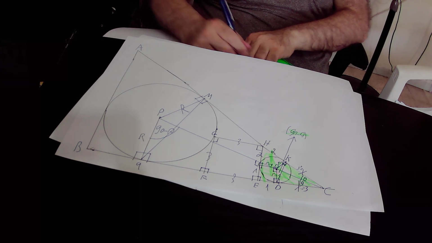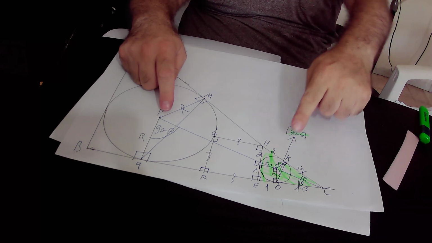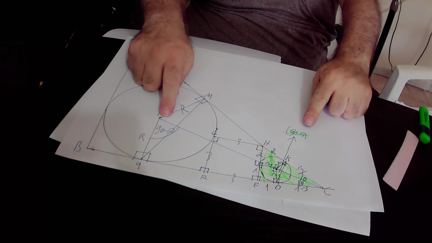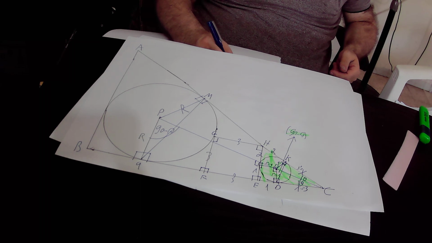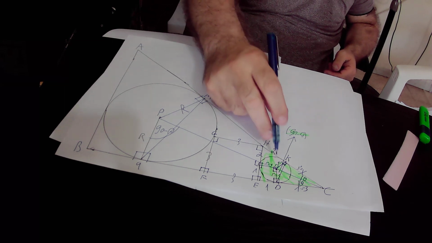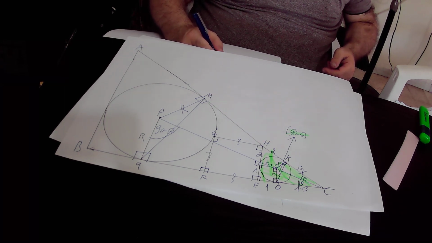First of all, those two angles are both equal to 90 degrees minus theta, therefore they are equal to each other. So I write it down: angle PQC is equal to this angle, angle DOC.